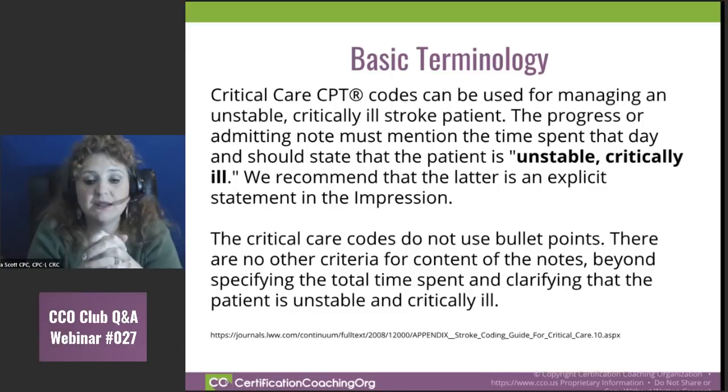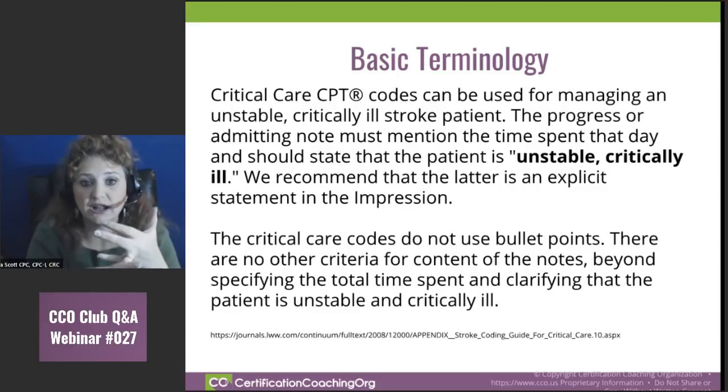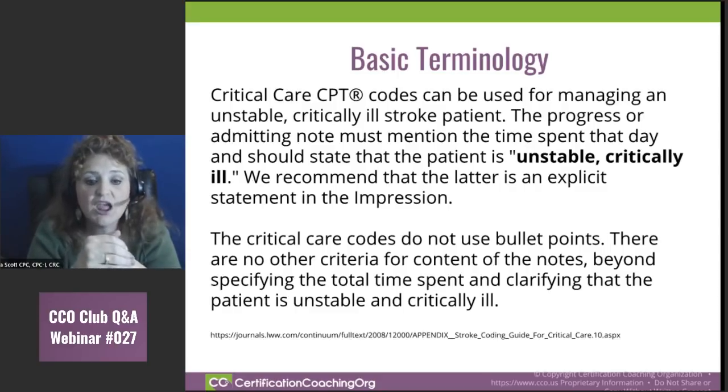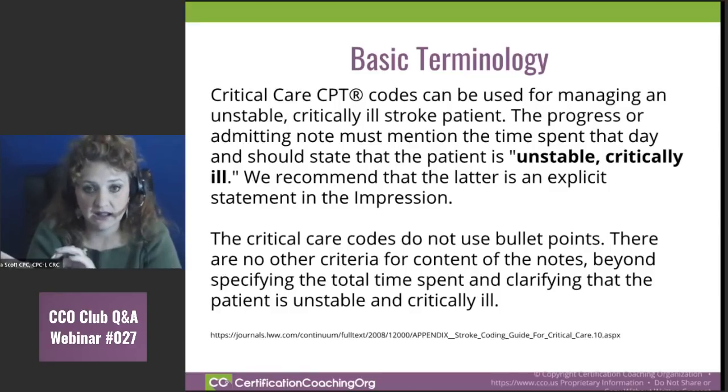They are going to be admitted, and the criteria is going to be keywords like they are unstable, and they use the term critically ill. You'll see that in the documentation. They are telling in this guide for critical care for stroke patients that you should use that verbiage when you document. The provider needs to say the patient is unstable and that they are critically ill.